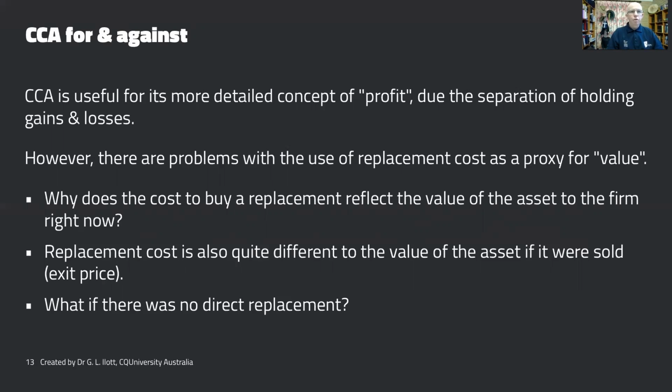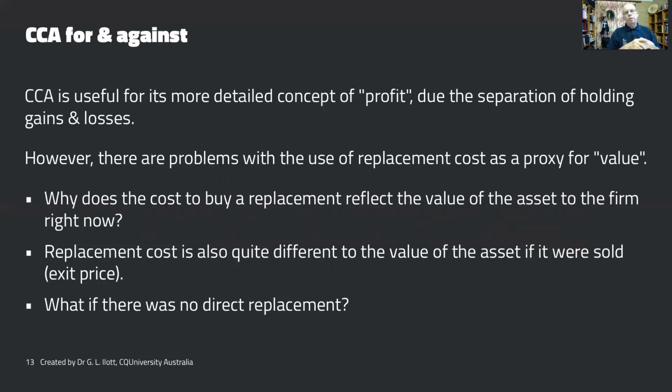Replacement cost is also quite different to the value you would receive if you'd sold the asset. So again, it's not clear why the price to buy in a replacement should be your value. And it's not clear how you would use this method if there was no direct replacement for that asset.